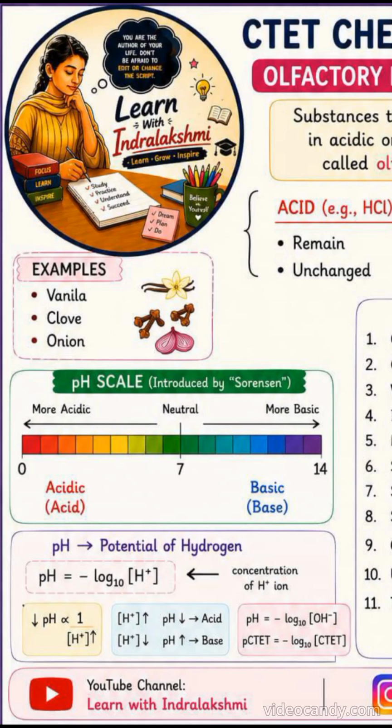That is, the range 0 to 7 indicates that a substance is acidic, whereas if a substance is more than 7, in the range 7 to 14, it tends to be basic.